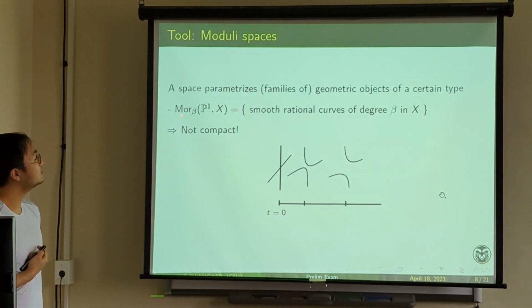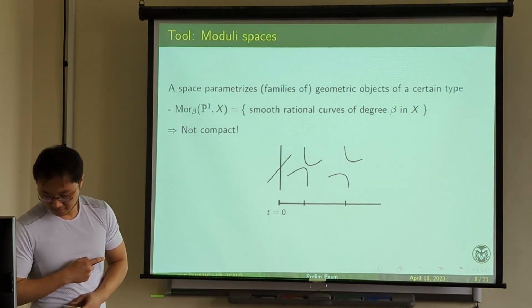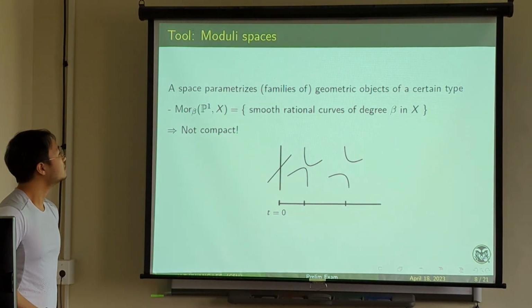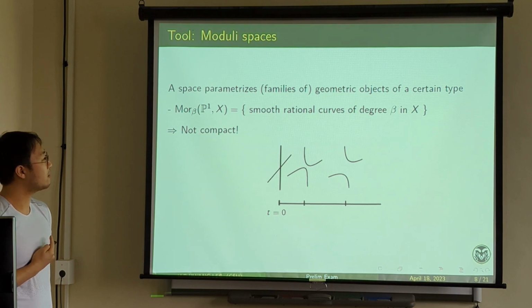So the second tool is the moduli space. A moduli space is a space that parameterizes geometric objects of a certain type. So in my talk, our interest is exactly morphisms from P1 to a projective variety X for fixed degree beta.